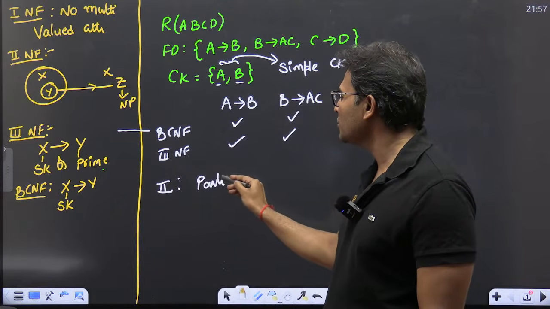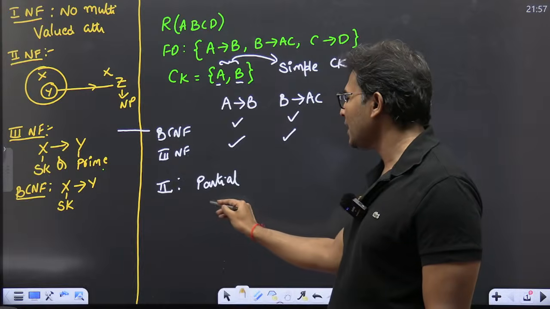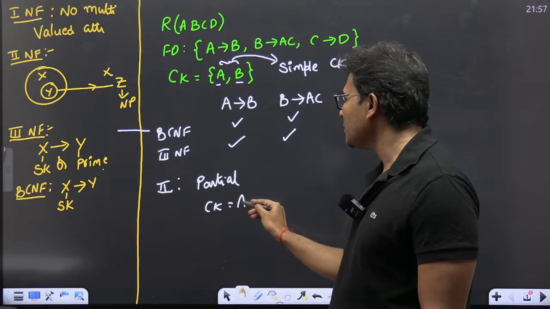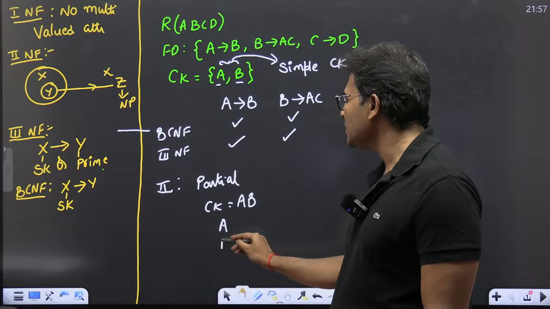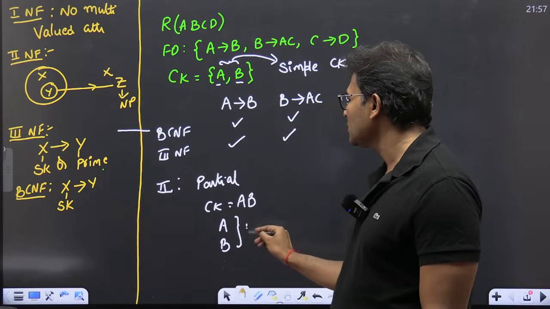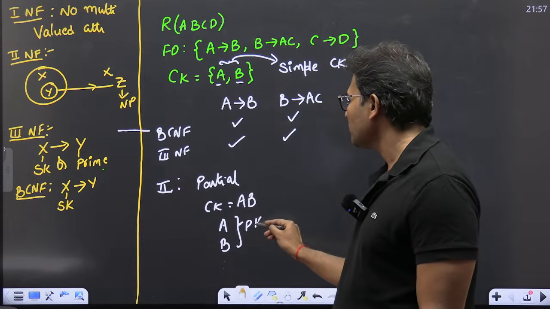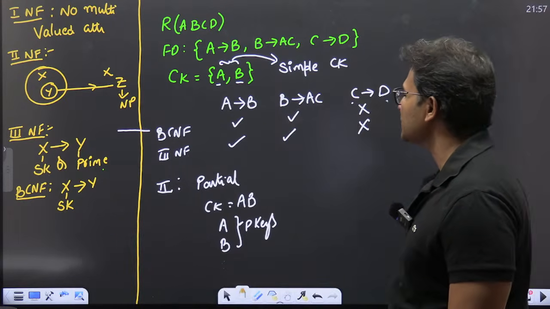Earlier, we were able to take partial keys, right? See, if the candidate key is AB, then A and B are partial keys. But here they are not partial keys.